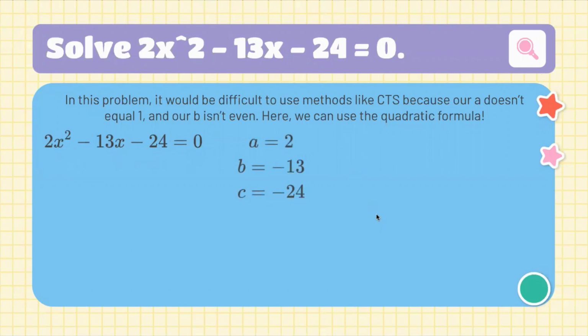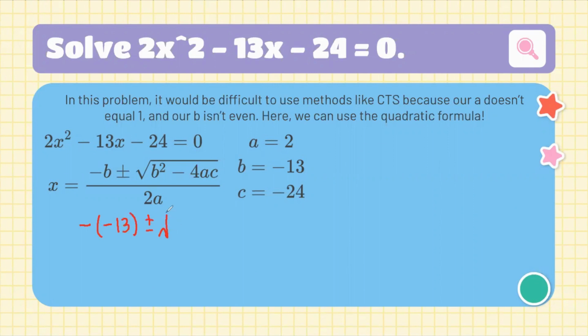Remember, the quadratic formula is x equals negative b plus or minus the square root of b squared minus 4ac, all over 2a. All you have to do is plug in your values. So you would have negative times your b value, which is negative 13, plus or minus the square root of b squared.